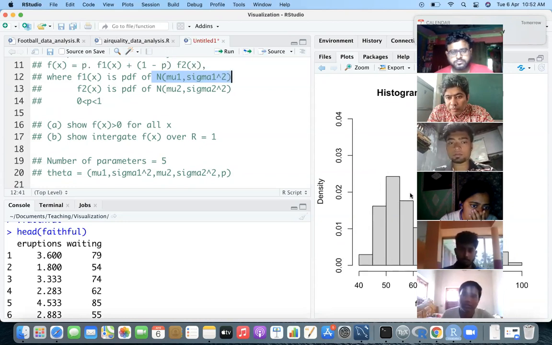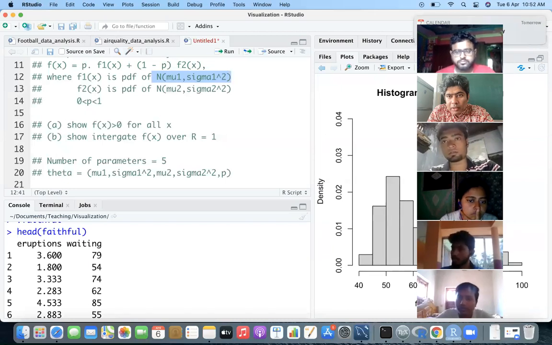Look, most of the values are somewhere between 40 and 70. Sir, 3 sigma is 15, so sigma should be 5. Yes, okay.